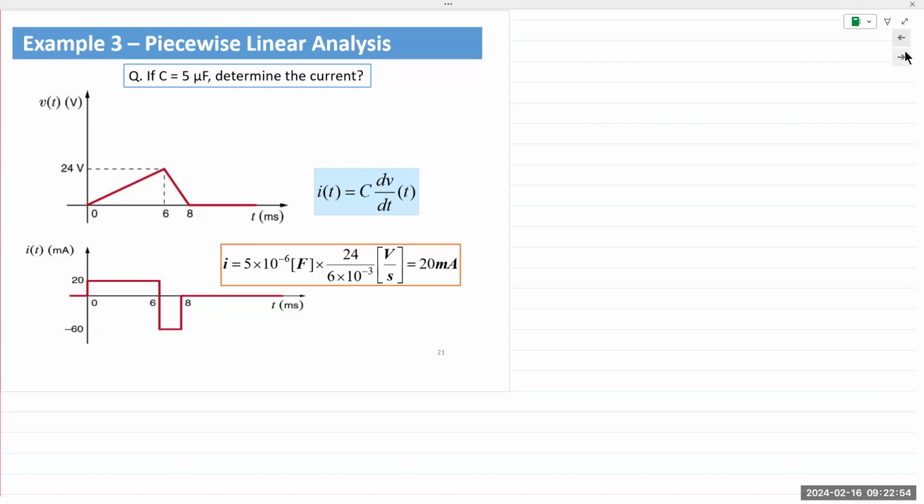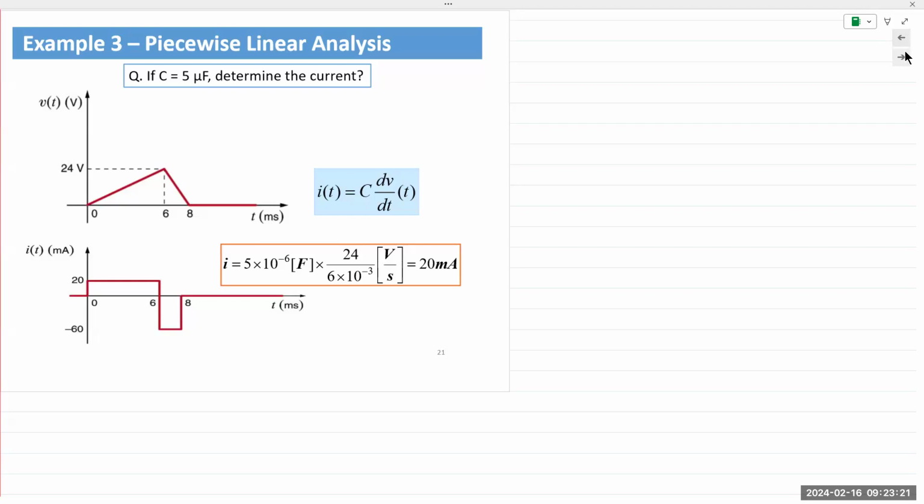But if it's a DC voltage, meaning DC that doesn't change and stays constant, we know what the value would be. Similar for an inductor, if we apply a DC current, we know what the value for that current is going to be. But if we have a function like this, where the value of the input voltage or current changes with respect to time, then we apply these equations to determine what the voltage or the current would be.